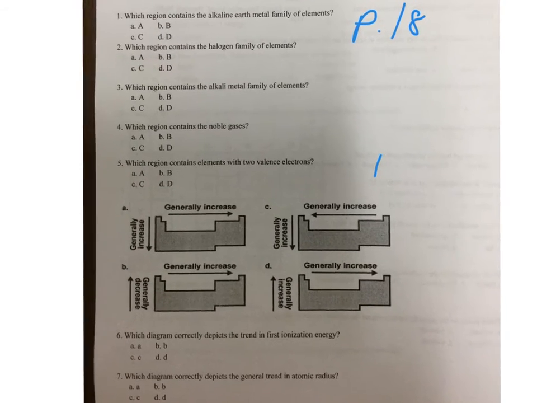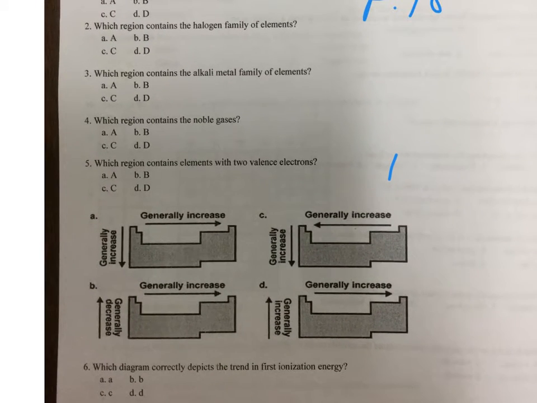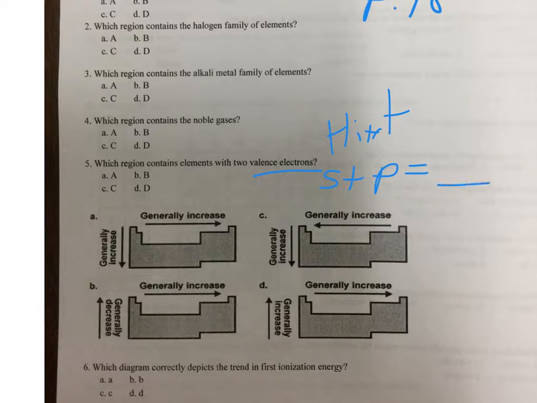Also, don't forget that your little hint, your valence electrons, you're going to use an S plus P to figure out your total valence. Okay. That will give you your valence number.